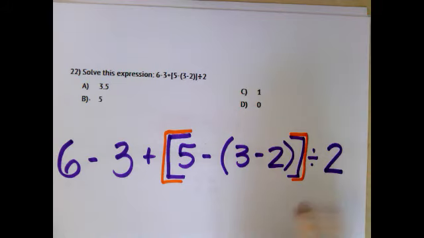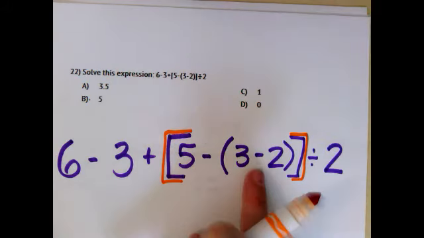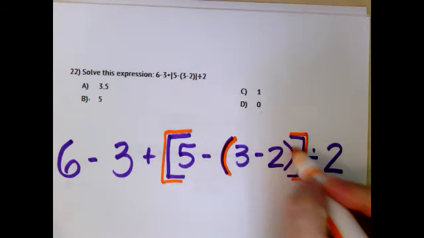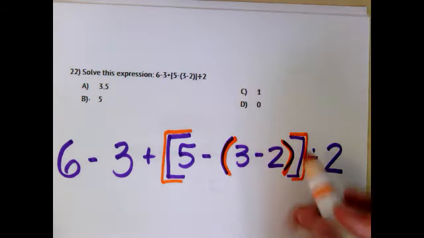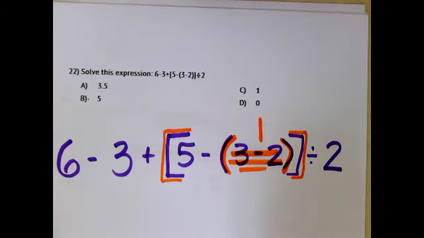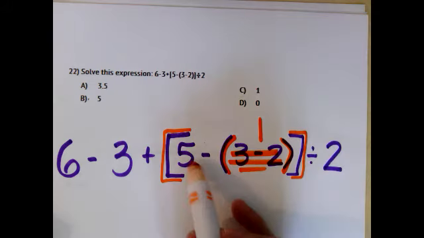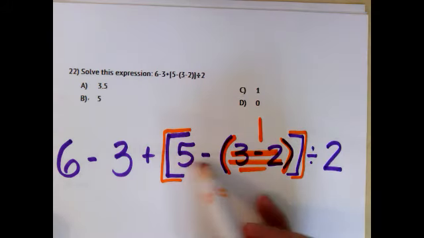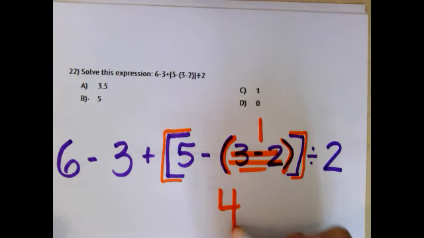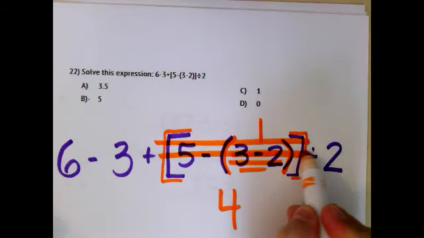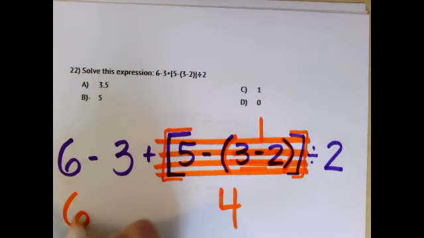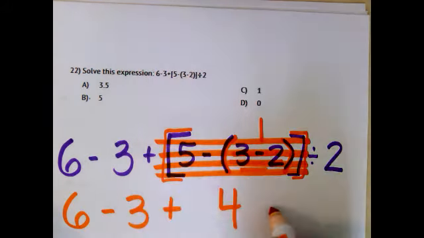So we have 5 minus, so then we need to look at our parentheses. So 5 minus 3 minus 2. Well, I know that 3 minus 2 is 1. So now I have in my brackets here 5 minus 1, which is 4. So I'm going to mark all this stuff out because I finished all of that.